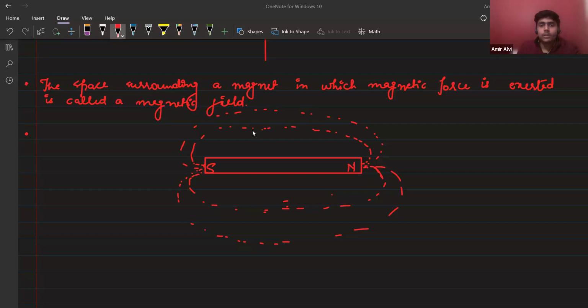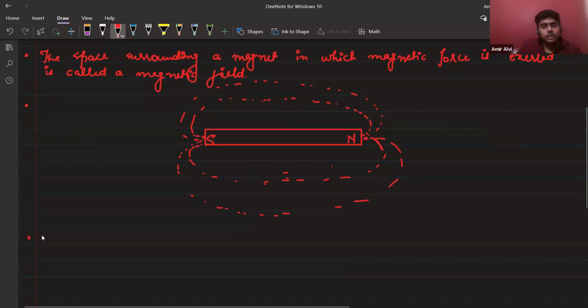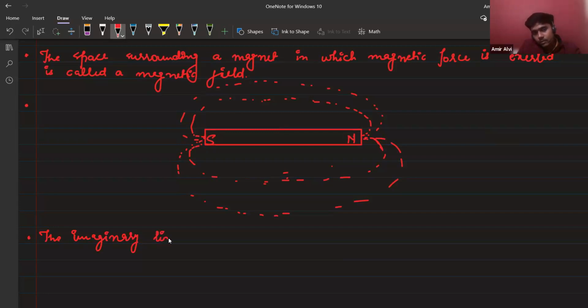Okay. So these are the magnetic field lines. Basically, the magnetic field lines are also imaginary lines. Basically, we just assume this thing, but it is proved practically that these lines are present. So how do we know the shape of these lines?